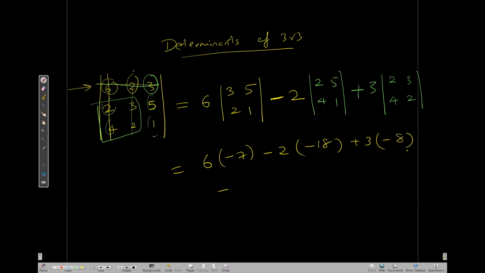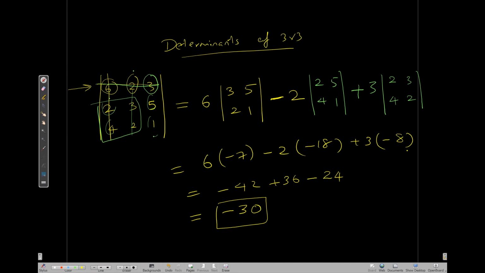So we get negative 42 plus 36 minus 24. When you add them, 42 and 24, you have 66 minus 30. That's the determinant.